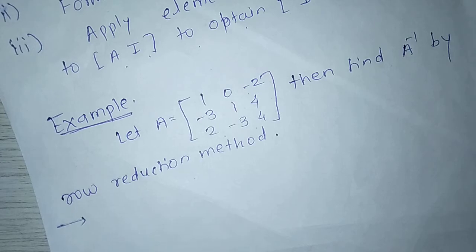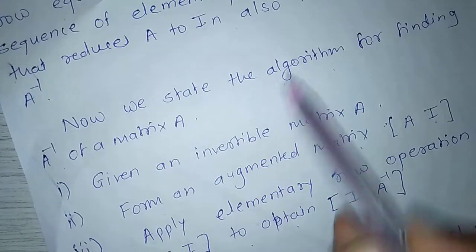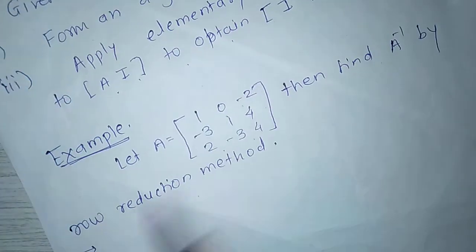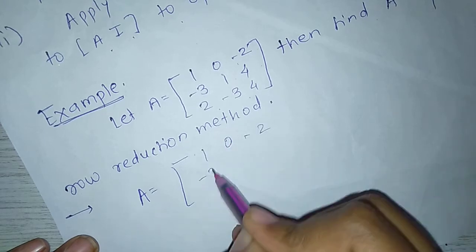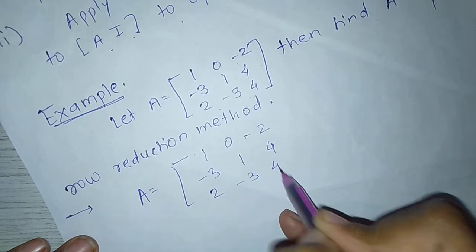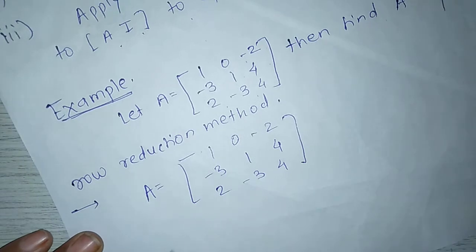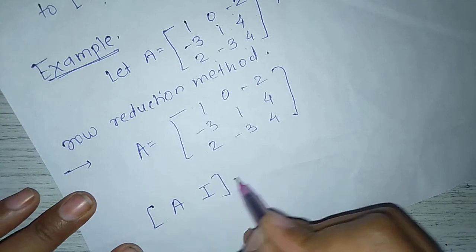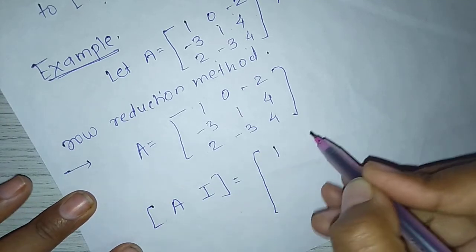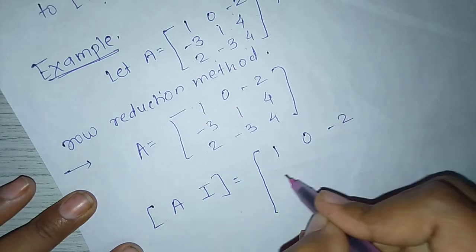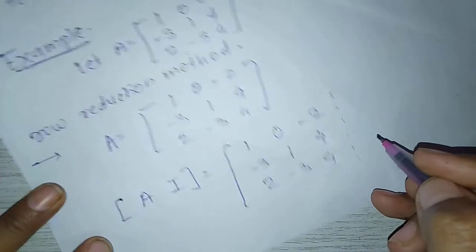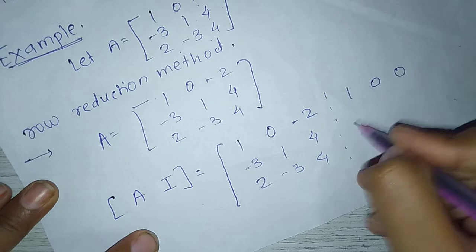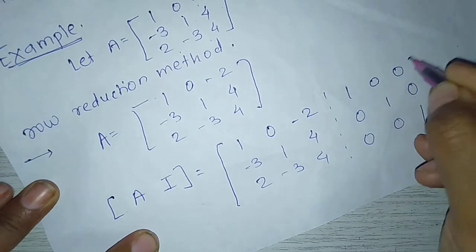First, by the theorem, given matrix A equal to 1 0 minus 2, minus 3 1 4, 2 minus 3 4, and next consider augmented matrix A I, which is equal to, first write A matrix 1 0 minus 2, minus 3 1 4, 2 minus 3 4, and next write identity matrix 1 0 0, 0 1 0, 0 0 1.